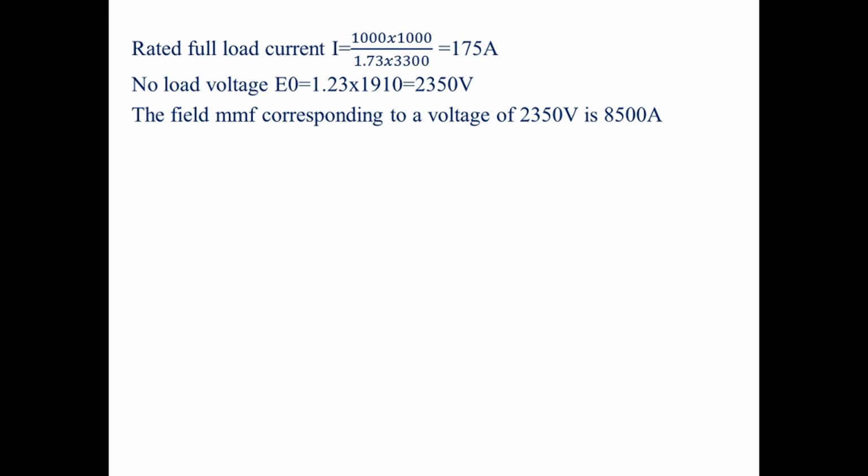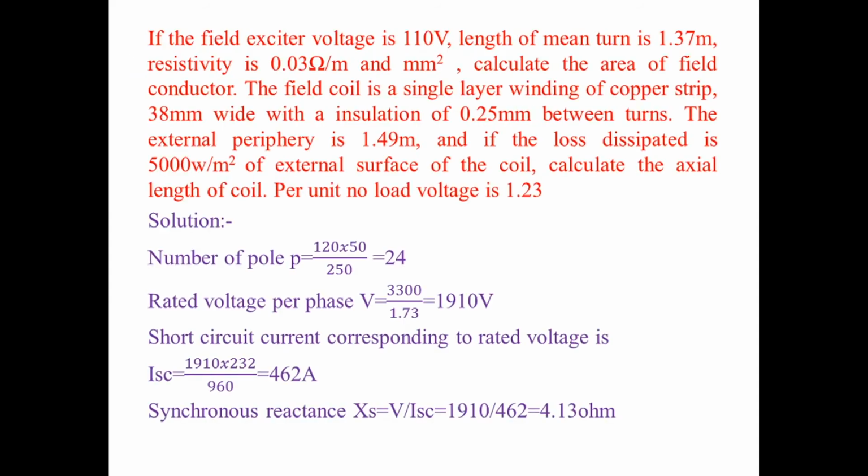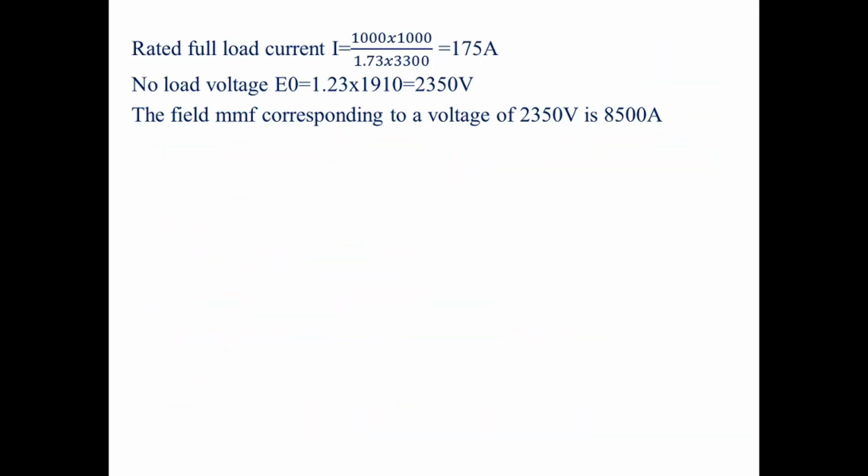So no load voltage E naught is given by 1.23 into 1910. So it is given that per unit value of no load voltage corresponding to the excitation is 1.23, correct. So it is given in the question. So per unit no load voltage is 1.23. So if you multiply the no load voltage with the per unit value, that is 1.23 into 1910, you will be getting 2350 volts.